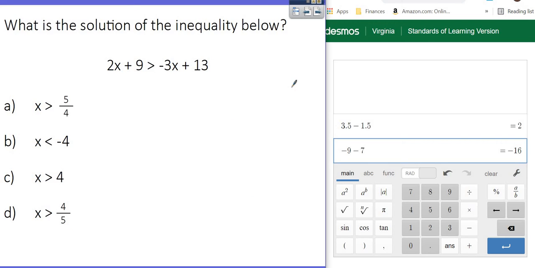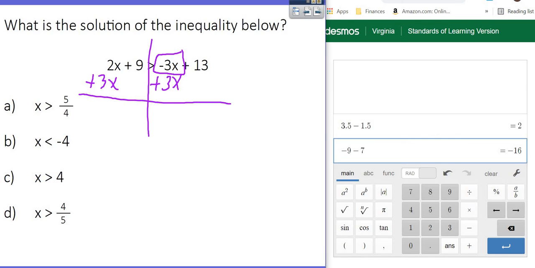All right. What is the solution to the inequality below? So let's start. We have an x value on the right, so we're going to have to put it in a box so that the UPS man can move it. It's a negative 3x, so to move it, we're going to add 3x to each side. 2 x's and 3 x's is 5x plus 9 greater than 13.